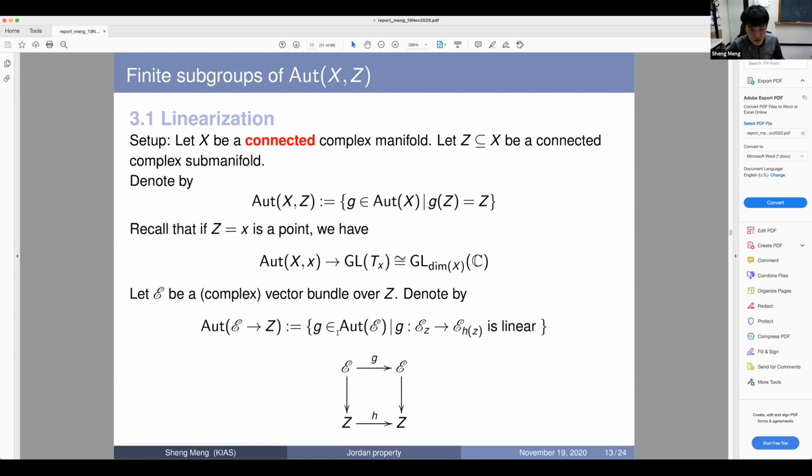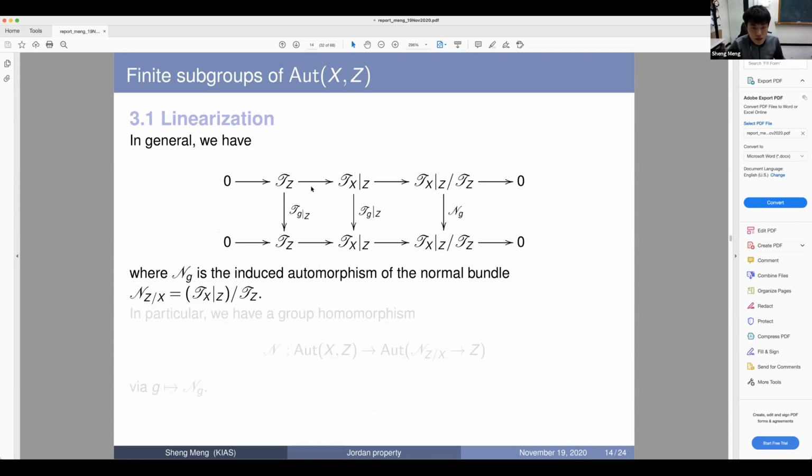Okay, so we consider this subgroup. Then we consider the very simple tangent fundamental sequence. Here, TZ is the tangent bundle of Z, and this one is the tangent bundle of X restricted to Z. And the third one, the quotient, will be the normal bundle.